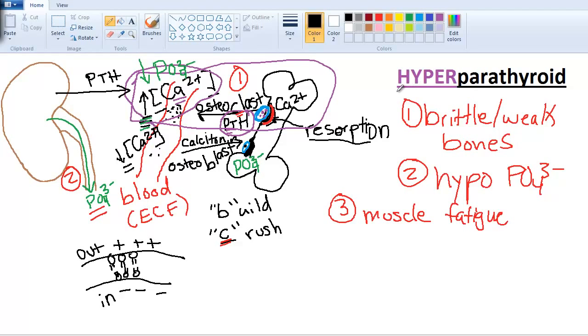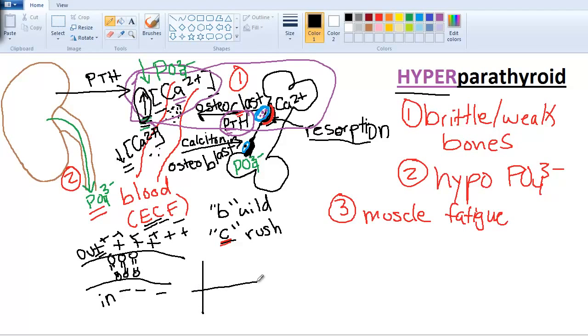So with hyperparathyroid, what's happening to the blood calcium? It's increasing. So you're going to have a lot more positive on the outside, because this represents extracellular fluid. If you notice, you're creating an even larger difference in potential here, so it's going to be harder to reach an action potential.